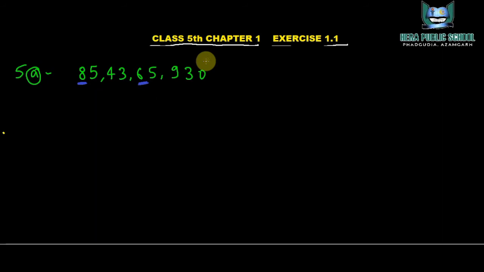So this is 1's place, this is 10's place, this is 100 place, this is 1000 place, this is 10,000 place, this is lakh place, this is 10 lakh place, this is crore place and this is 10 crore place. At which place is it? It is at 10 crore place. So the place value of 8 will be 80 crore.